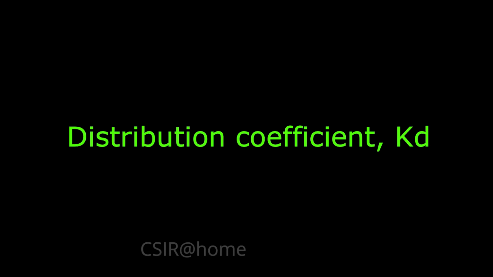The distribution of an analyte in a GPC column is determined by the total volume of the solvent both inside and outside the beads that is available to it. It is represented as the distribution coefficient Kd, which is a function of its molecular size.